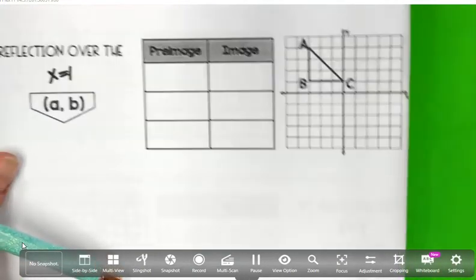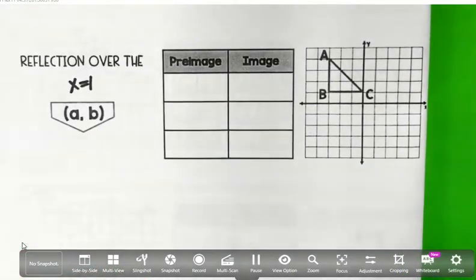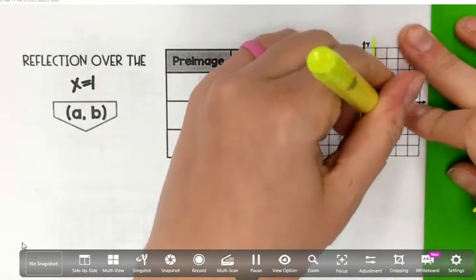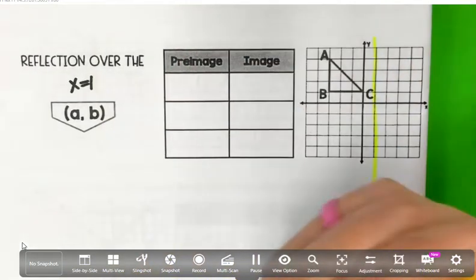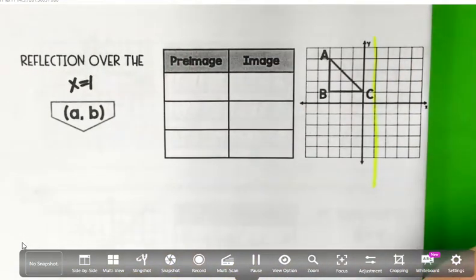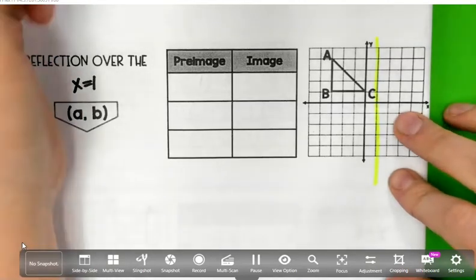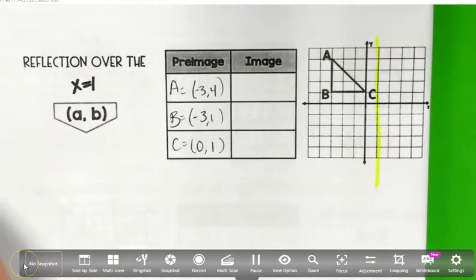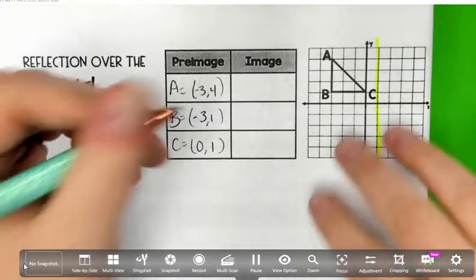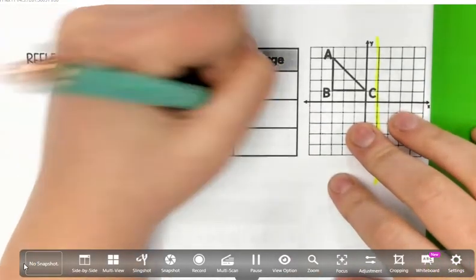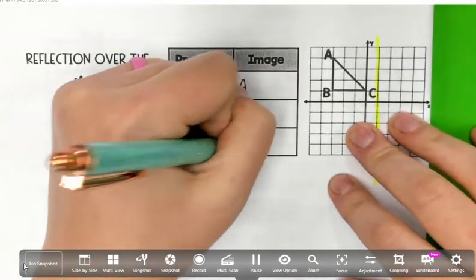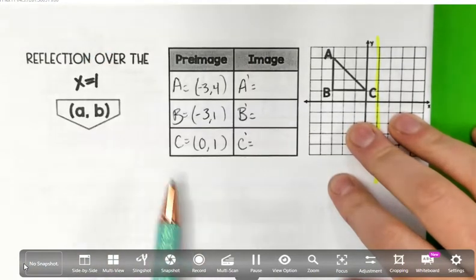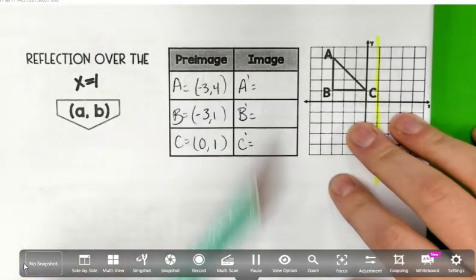And last one, we have x equals 1. So it's going to be a vertical line, since the only x value this line can exist at is x equals 1. So I'm going to pause and write my points real quick. And alright. Well, we know that on the example above our values changed for not our x but our y.